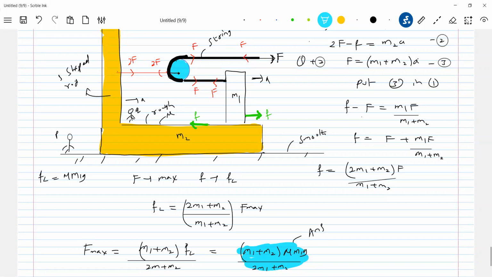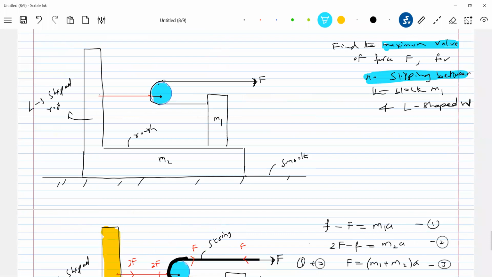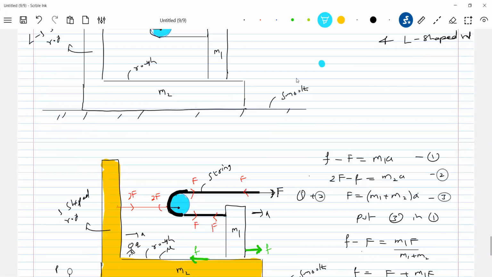Any doubt in this? Any further? Anybody? Sir, one scroll up, sir. Yeah. Okay, sir. 3-block system tomorrow, 3, 4, more than 2 blocks.